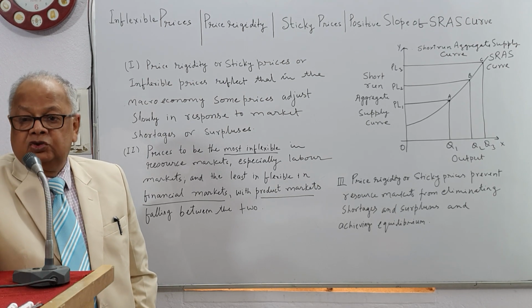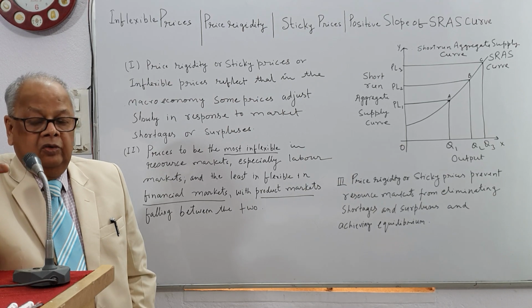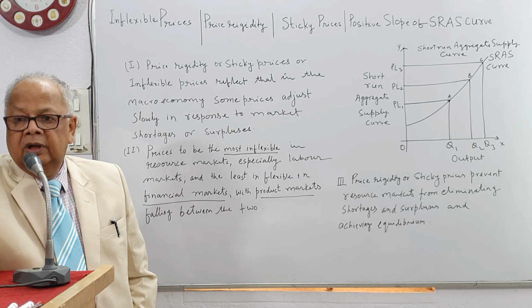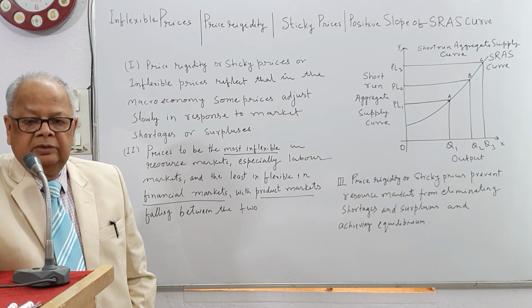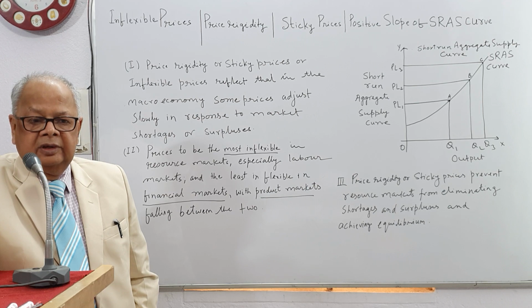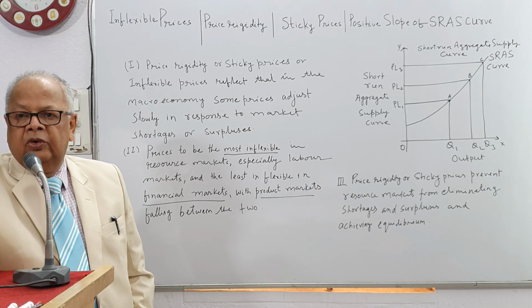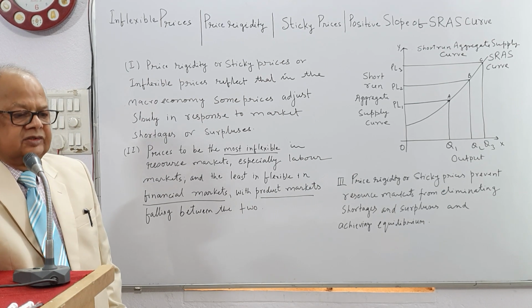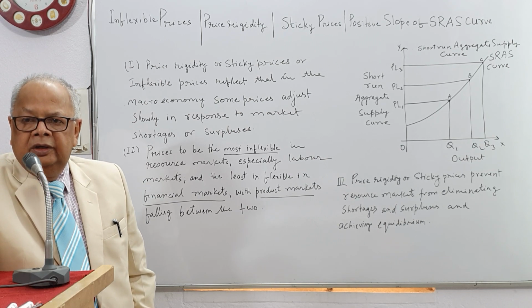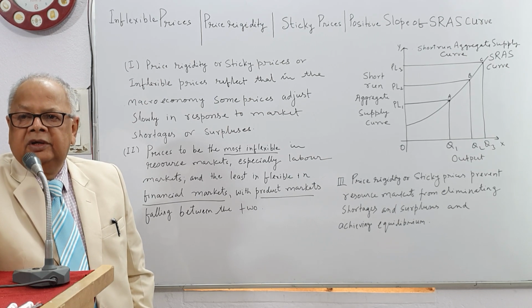We all know that the resource market is very wide, relating to the cost element: land market, labor market, capital market, entrepreneur and organizations market, dealing with rent, wage, interest and profit.